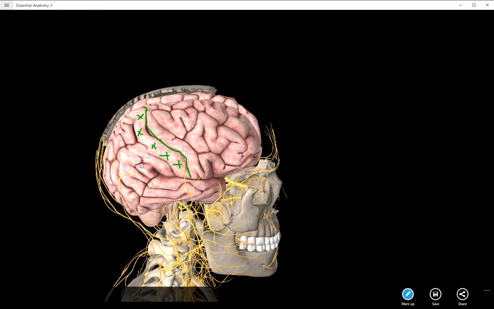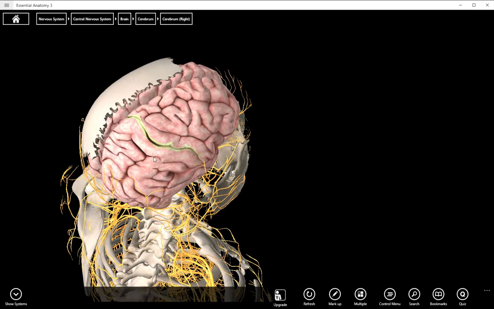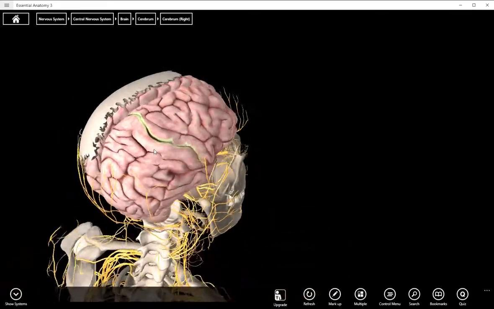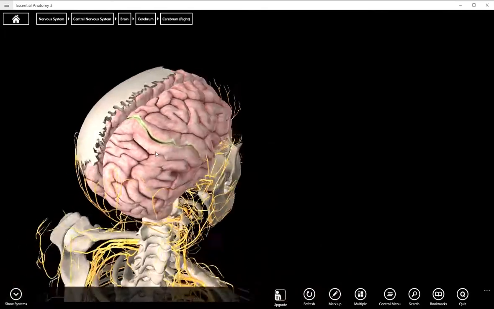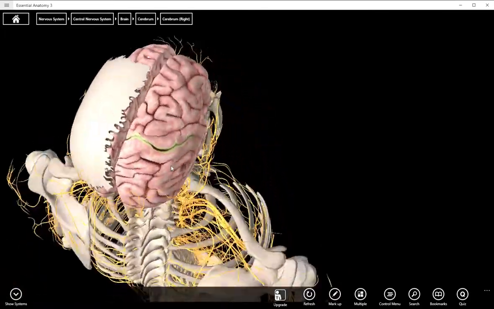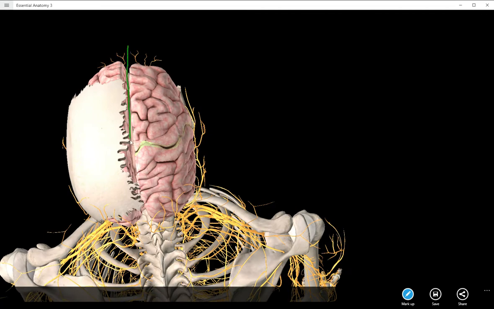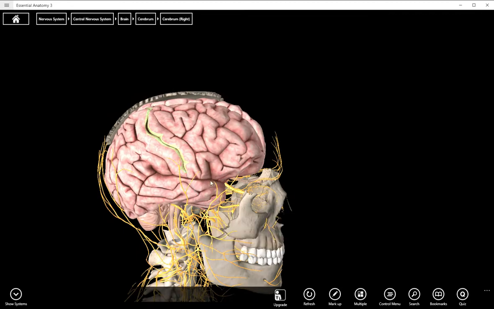The postcentral gyrus is a part of the parietal lobe. The precentral gyrus is a part of the frontal lobe. Okay, and they actually allow you to click on the central sulcus here. I typically say a way to identify the central sulcus is that it goes all the way from what's called the median longitudinal fissure to the lateral fissure or lateral sulcus.